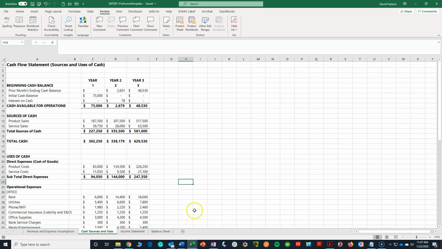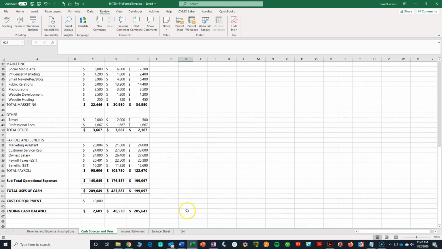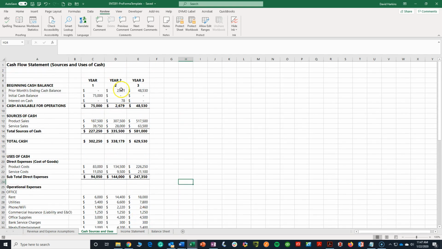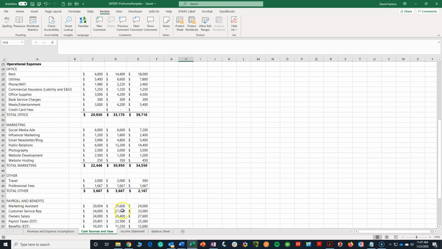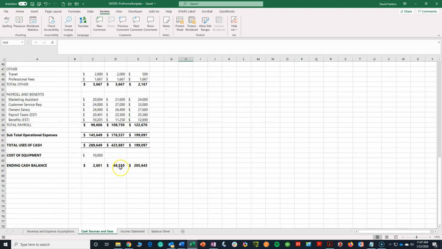So year two, what you do is you carry this cash from year one up to the top where it says prior month's cash balance, and then any interest on cash that you might have, and then you go through all of your other expenses, and then you end up at, in this scenario, $48,000.